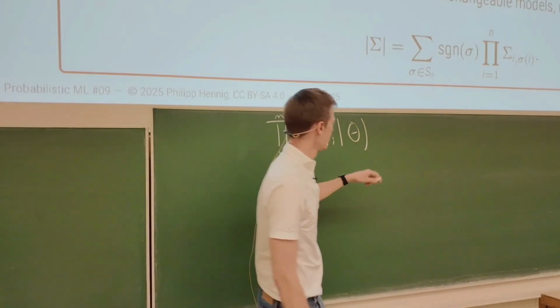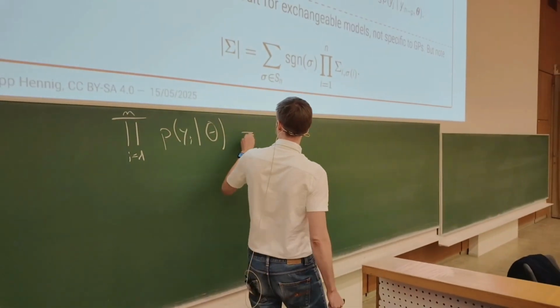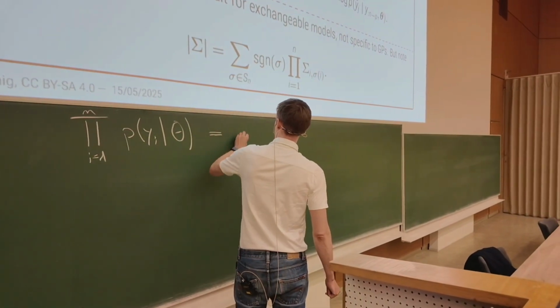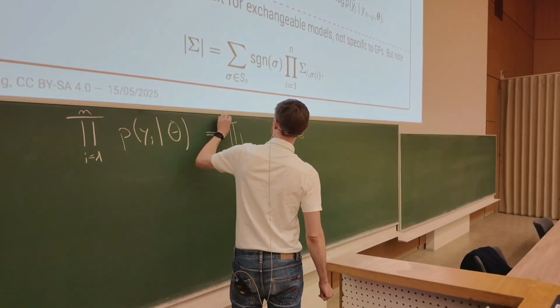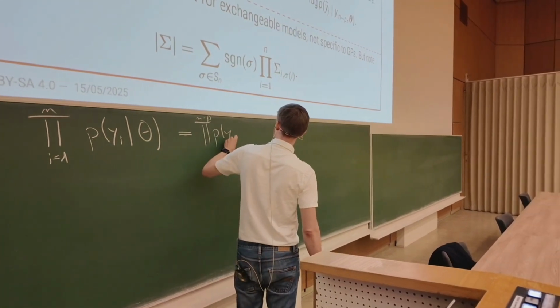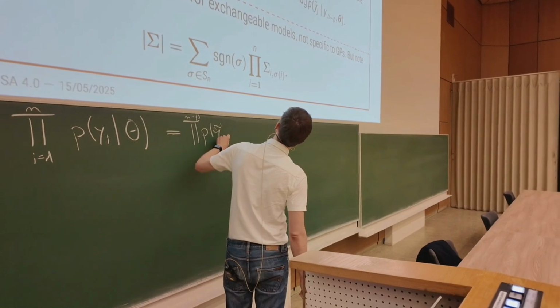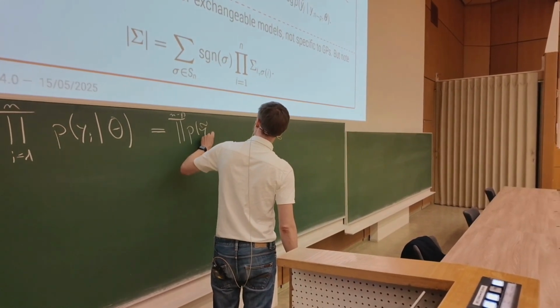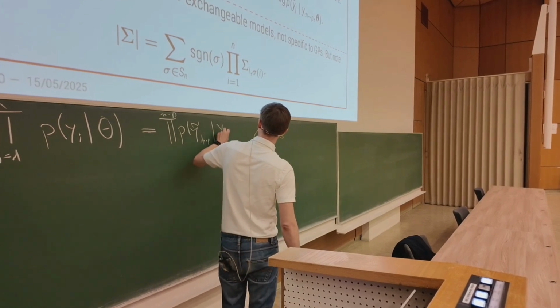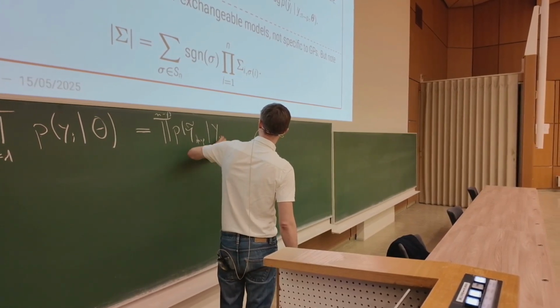subparts of the data set and write this sum as a product all the way up to n minus p over the probability of y from y tilde n to p given y up to n.